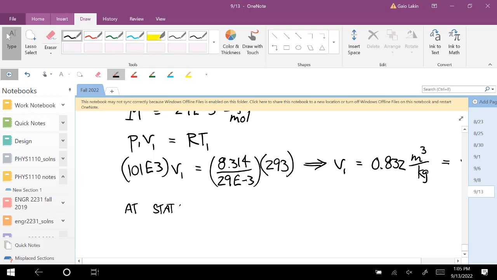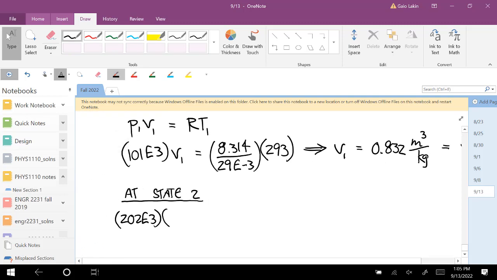So at state 2, we have 202 times 10 to the third times 0.832, the specific volume, is equal to, so we have that same R again, times the final temperature.